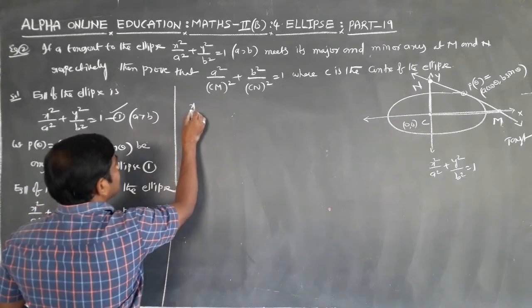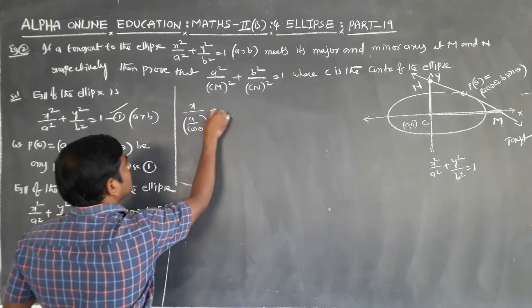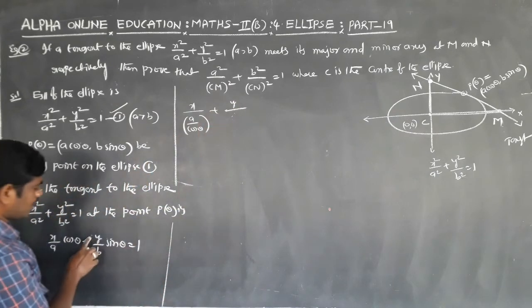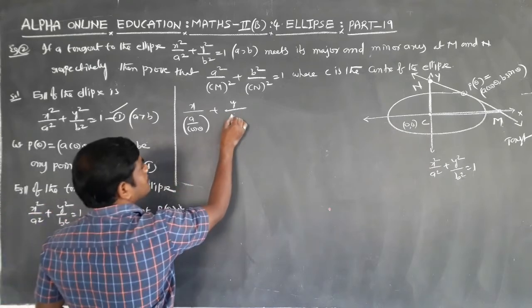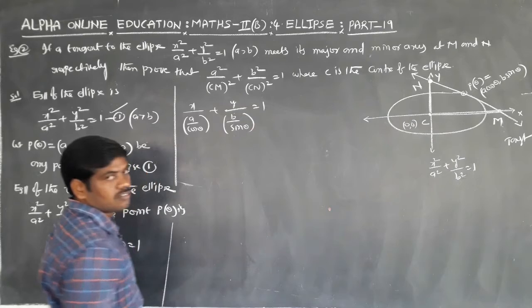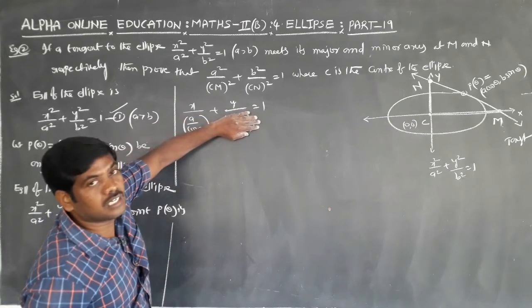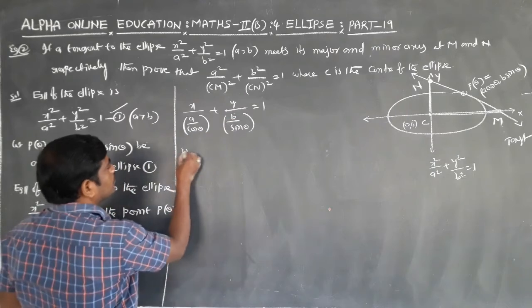So x by a cos theta means x by (a by cos theta), plus y by b sin theta means y by (b by sin theta), is equal to 1. Here this is the x-intercept, this is the y-intercept.